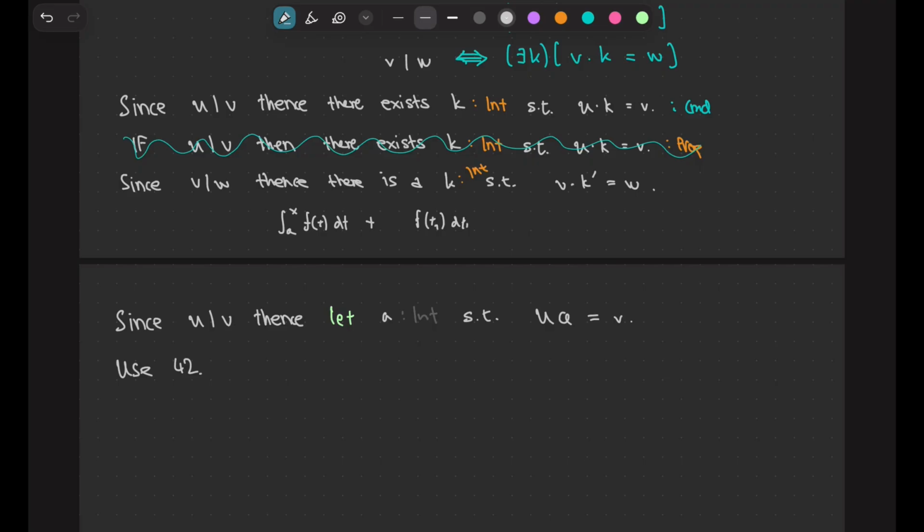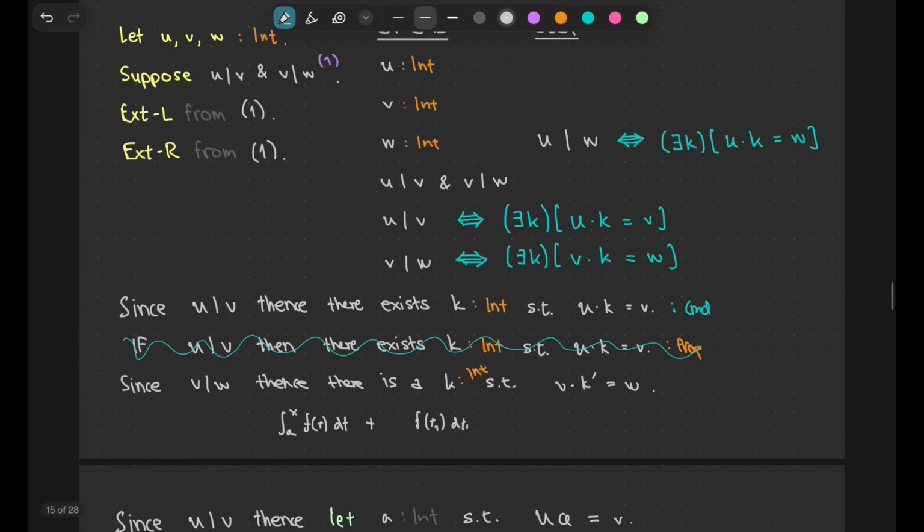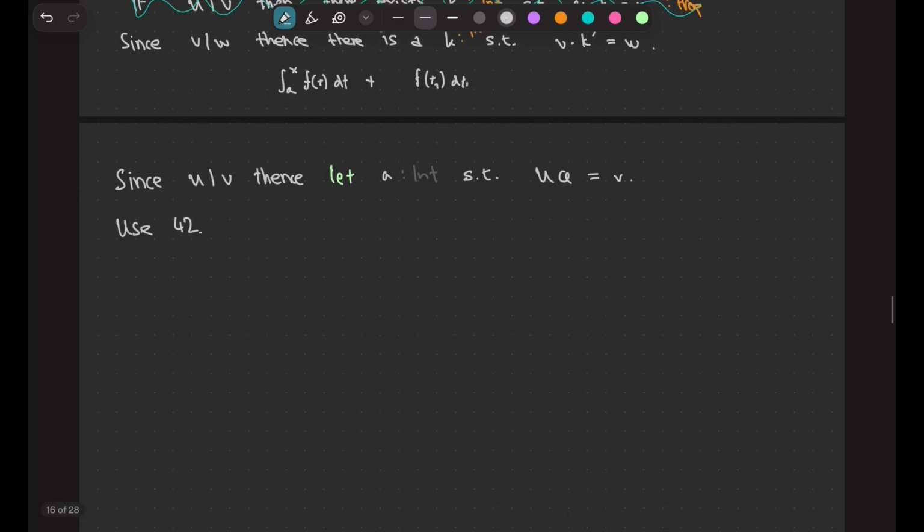And what happens with this command? Somebody? Anybody else? So I'm trying to convince someone that there is a k such that u times k equals w. If I say I will use 42, yes, thank you, Konstantinos. What happens in my goals? What happens in my givens? Where is the change?